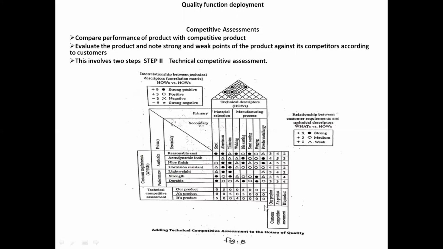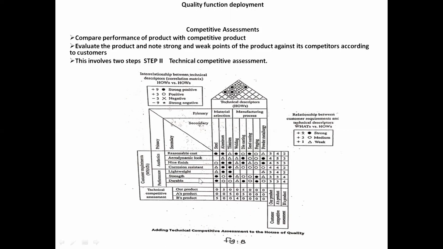The value is 0 to 5. Our product is 0. Aluminium, we are taking as our material, so we are saying 5. Titanium we are not taking, so 0. The B company selected a titanium component. The steel company is using steel, 5. So for that we are adding the technical competitive assessment.